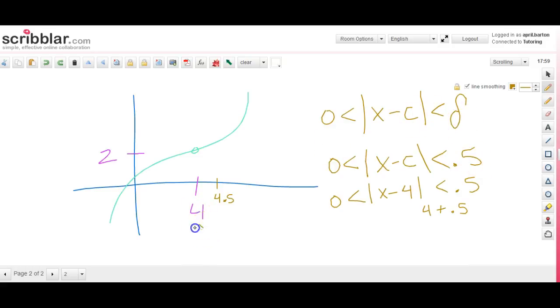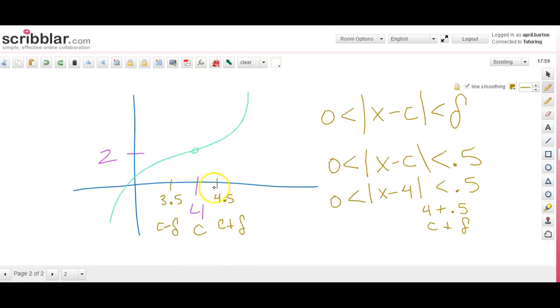That means this is c plus my delta. That's going to give me one part of my interval. So this is really c plus delta. Then if we wanted to find the other side, we'd have to do c minus delta. You'd do 4 minus 0.5. So if we wanted to find the other side, you're doing c minus the delta. For the one we picked, that would be 3.5.